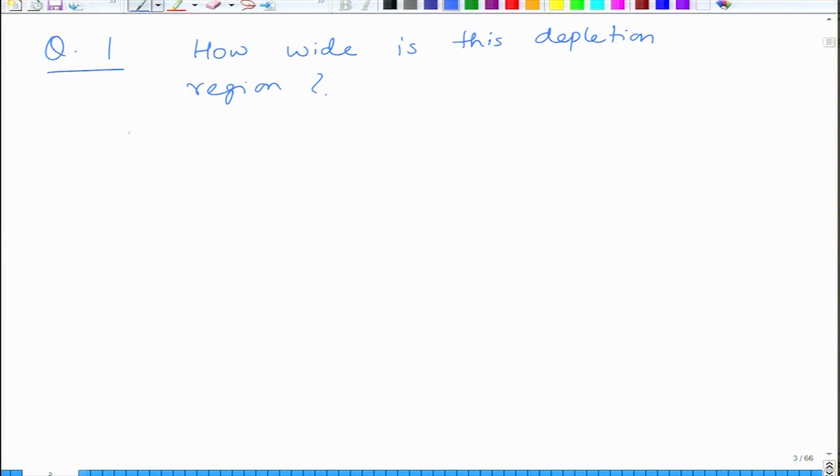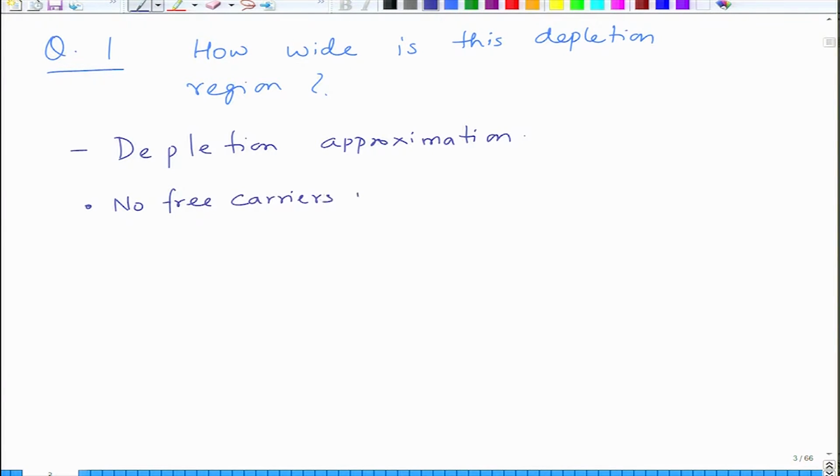For this, we first make an approximation, which is the depletion approximation. Depletion approximation basically means that you don't have any free carriers in the depletion region.